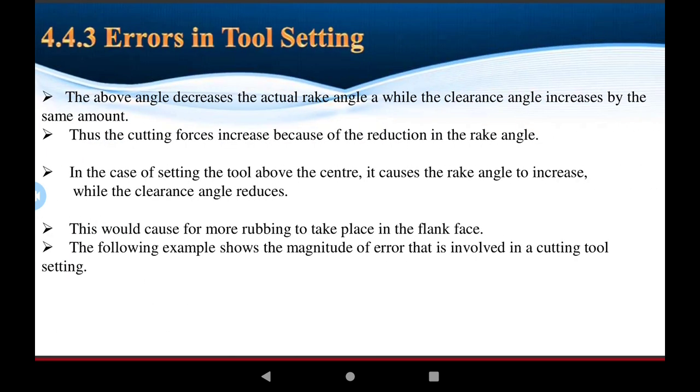Errors in the tool setting: with the tool above center, the actual rake angle and the clearance angle increase, so some amount of work material is also removed. Thus, the cutting force increases.